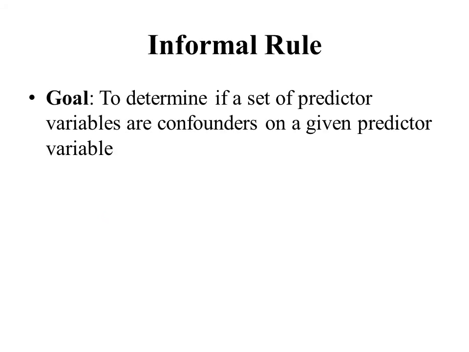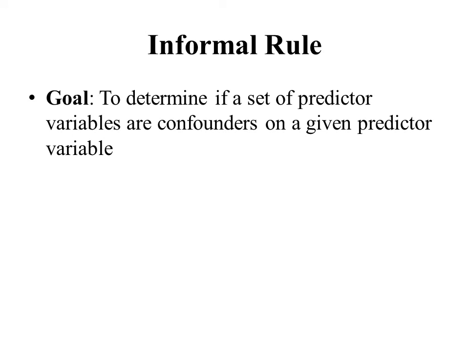Okay. So to summarize what we just did in this example, we used what the book simply calls an informal rule. The goal of this informal rule is to determine if a set of predictor variables are confounders on a given predictor variable. In this case, our given predictor variable was body mass index, and our other set of predictor variables was gender, age, and treatment for hypertension.